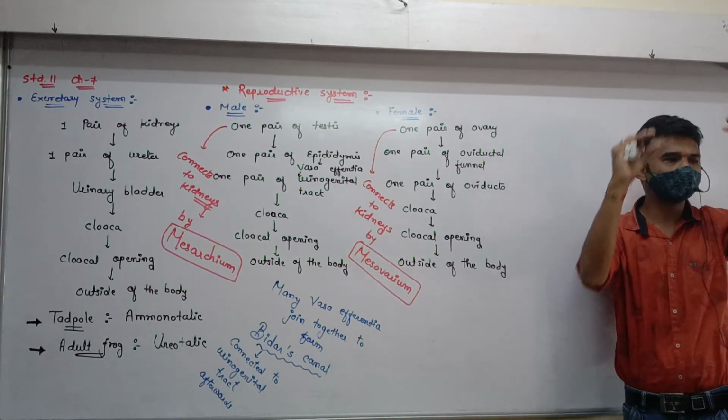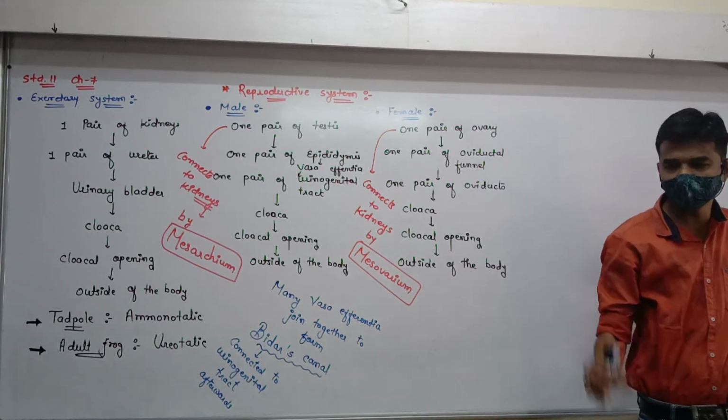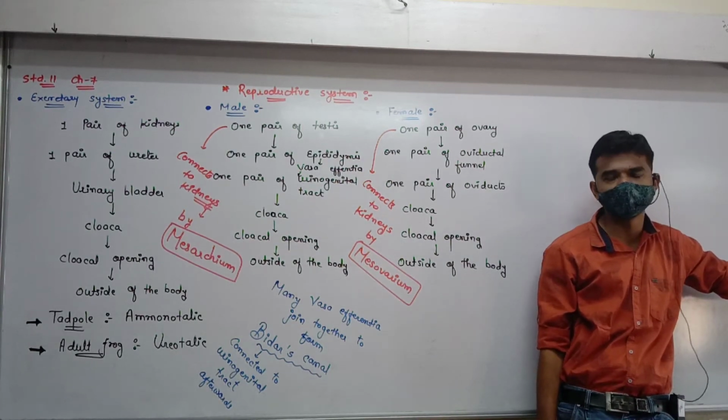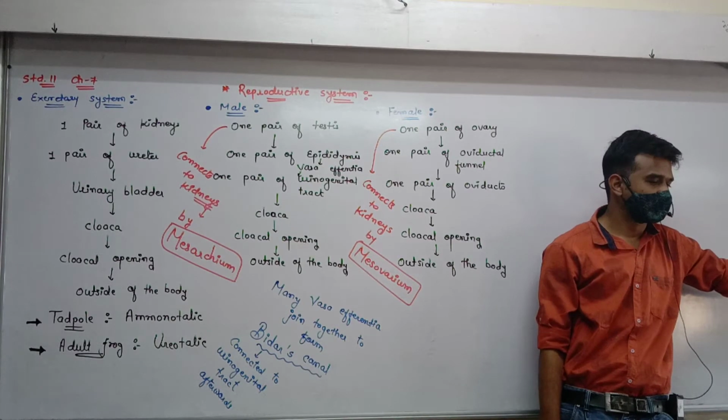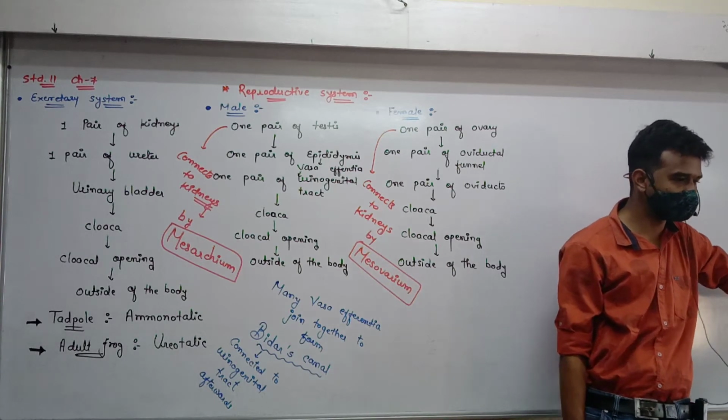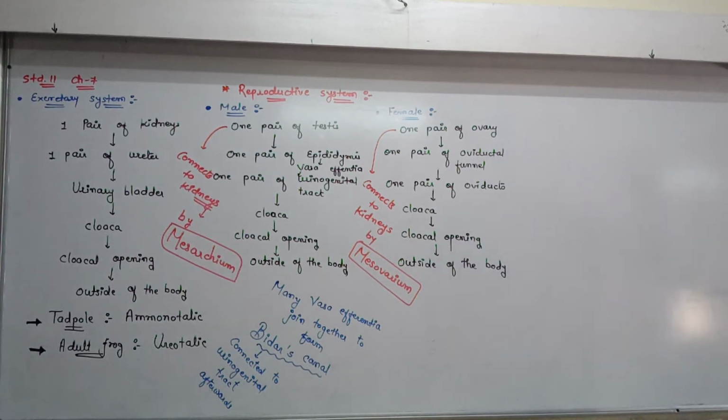It is known as the oviductal funnel, the cup-like structure at the end of the oviduct.